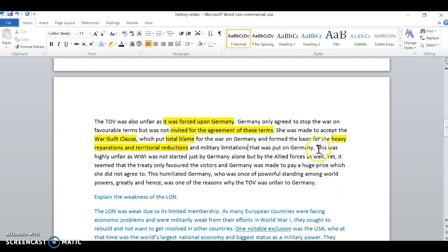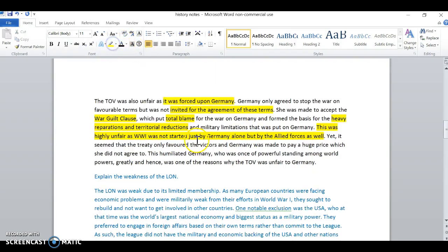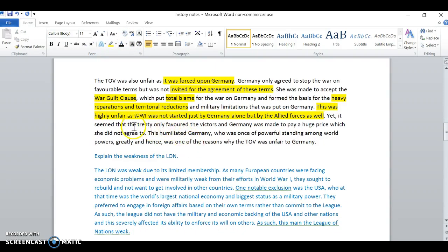So this is your explanation from here onwards. It's unfair because not just Germany started the war, the Allies started it as well. Yet it seemed that the treaty only favored the victors, and Germany was made to pay a huge price which she did not agree to.